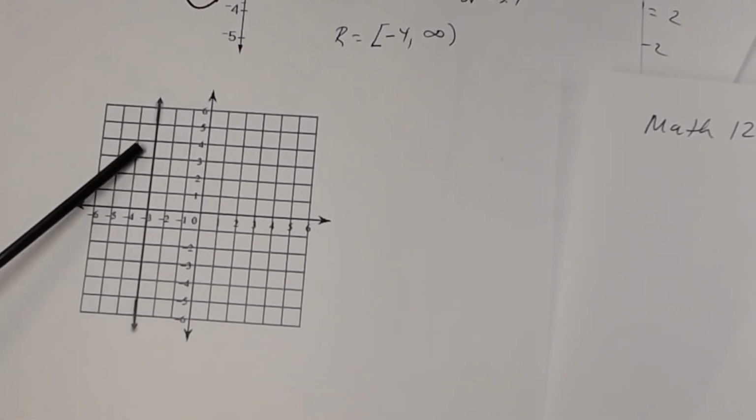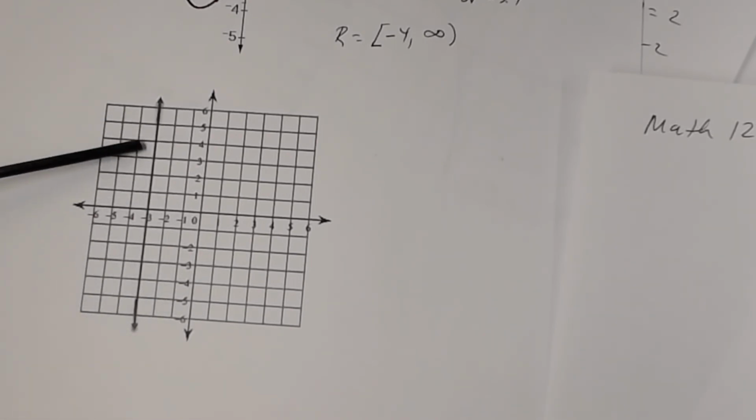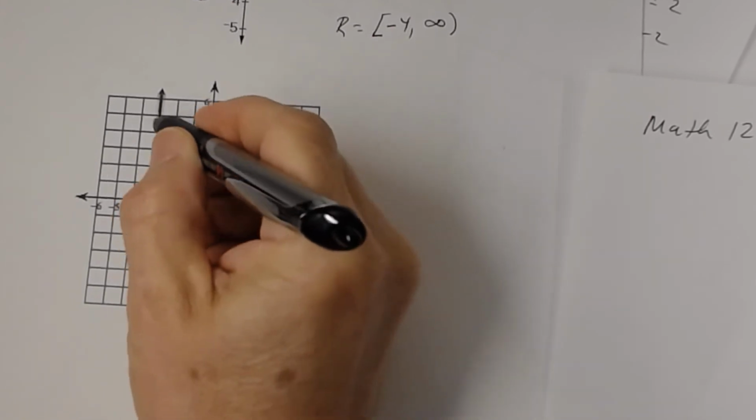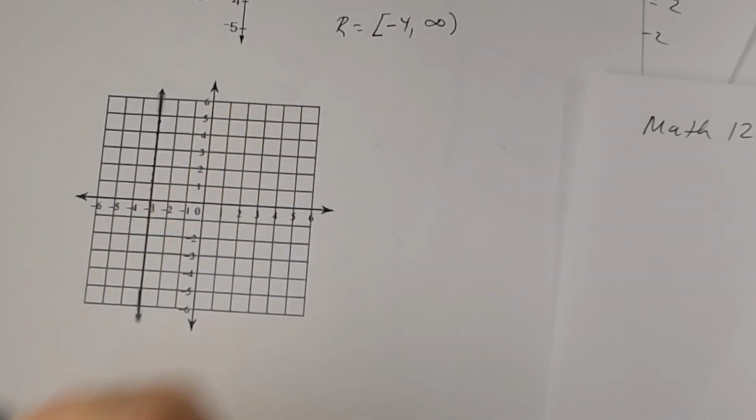All right, now here I can't talk about function values because this is not a function, since it fails the vertical line test. When x is -3, we talked about that last time, how many y values are there? An infinite number. It's a relation though, right? Yes.